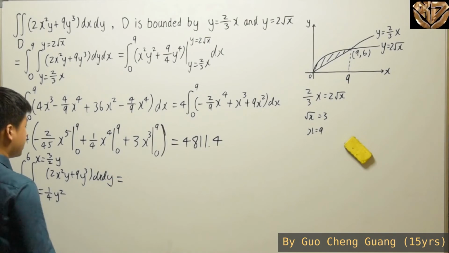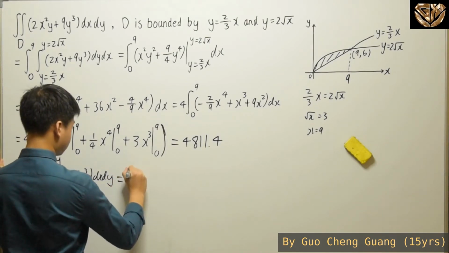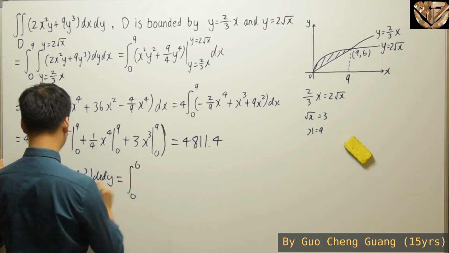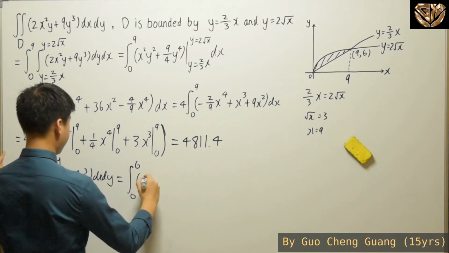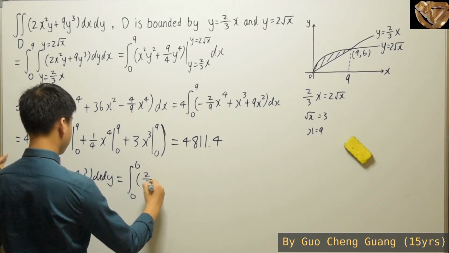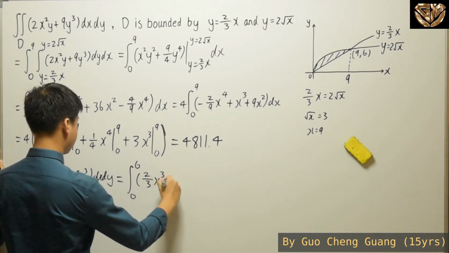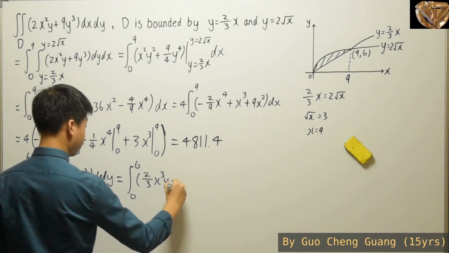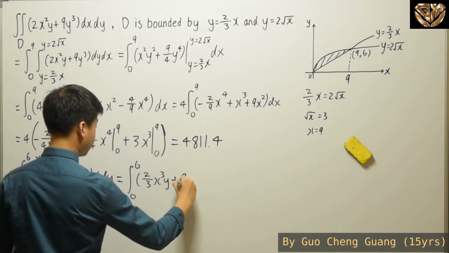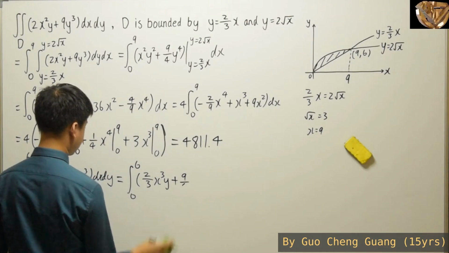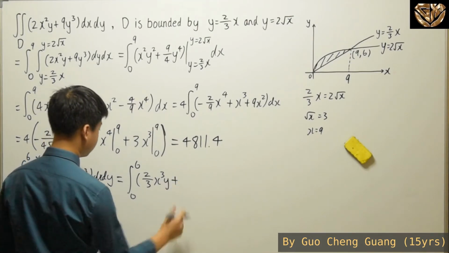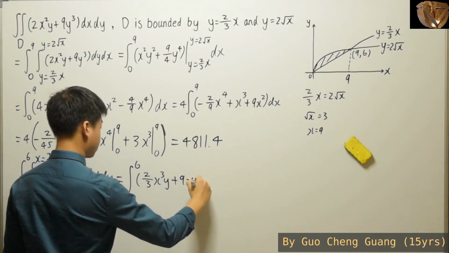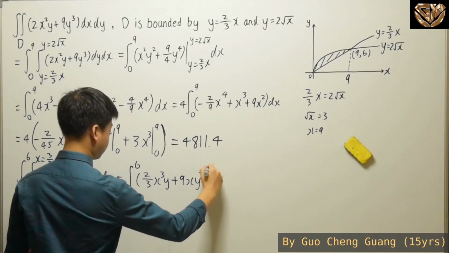Now, when we integrate this, integrate from 0 to 6, then you're going to have 2 over 3 x cubed y plus 9 over, wait, this is not 9 over 4, this is just 9, 9xy cubed.